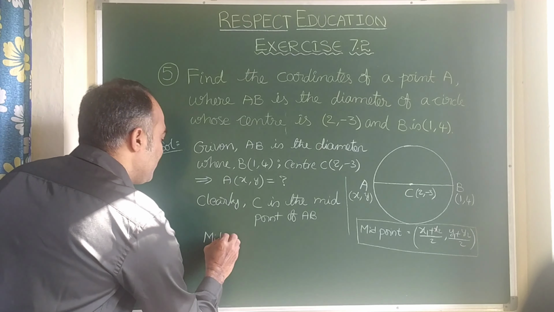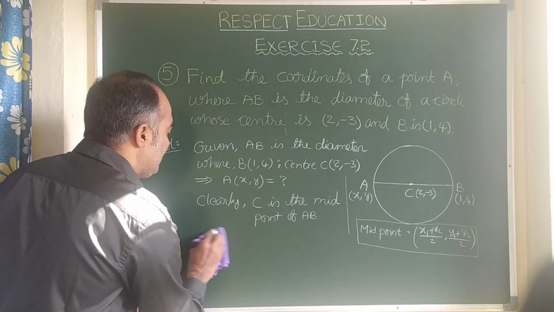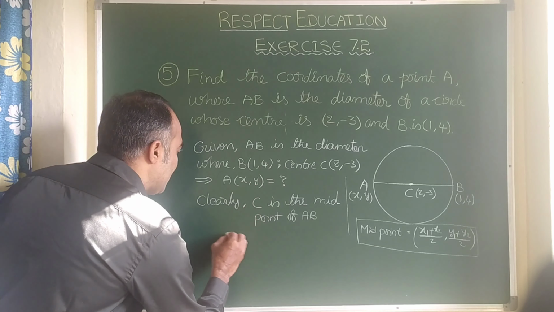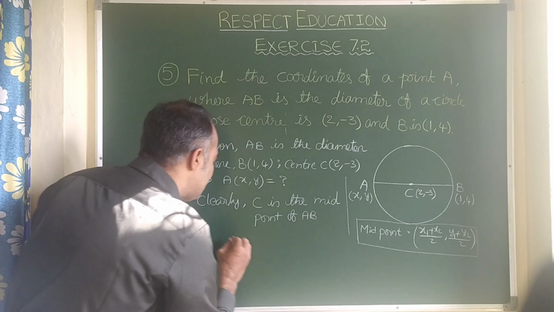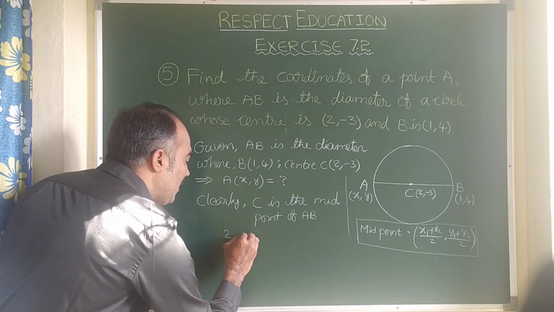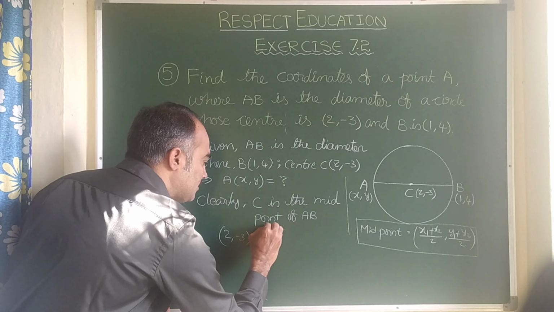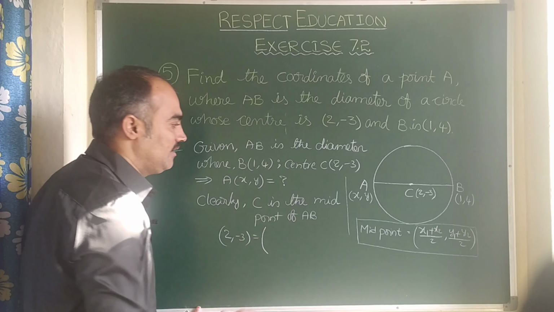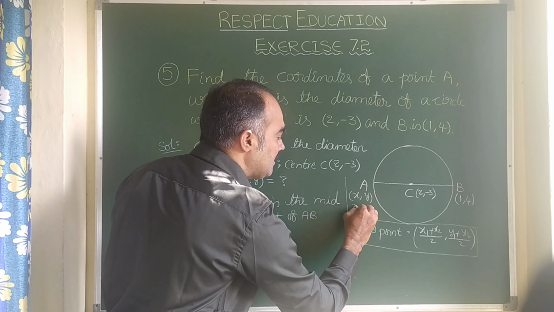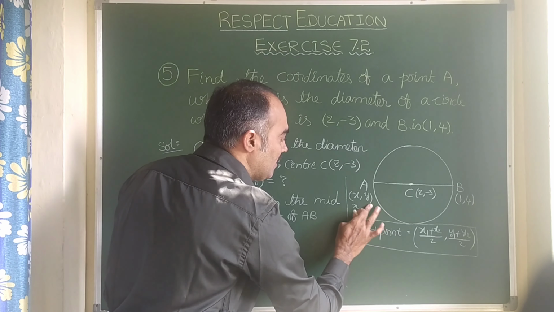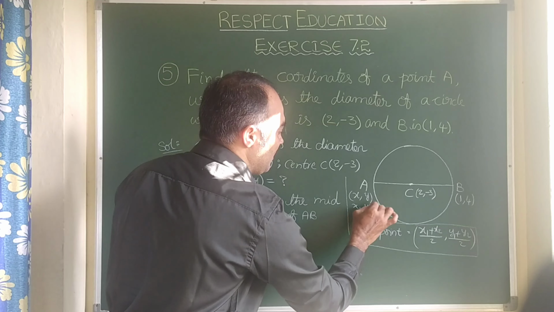Now here, as we have written, C is the midpoint. Now we can write C equal to, C is given as (2, -3). So (2, -3) can be expressed as, for your understanding, x1, y1, sorry, this is x1, y1, right?